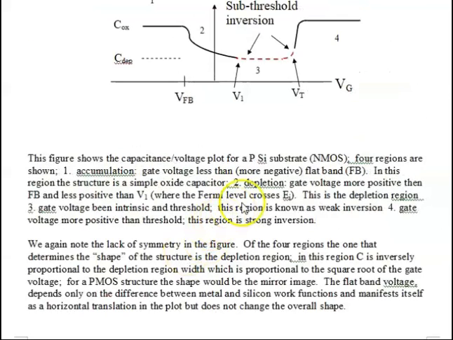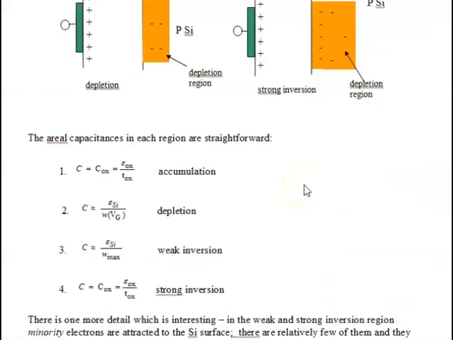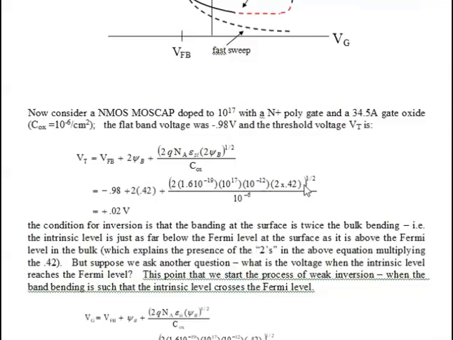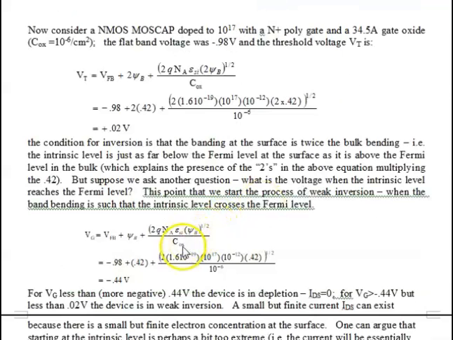So minus 0.44 plus 0.02, this region of about close to a half a volt, 0.46 volts, is the region of weak inversion. That is not a good region to be in. We'd like to make that as small as possible.